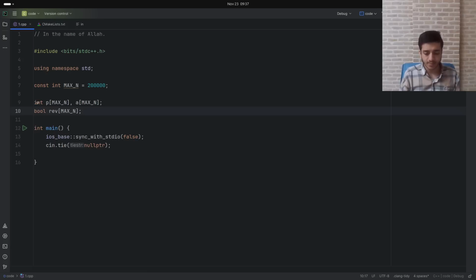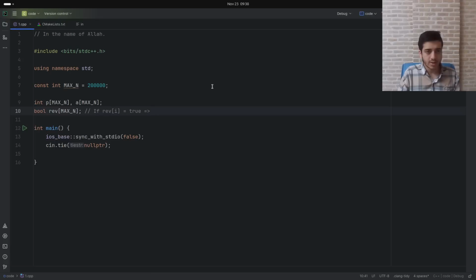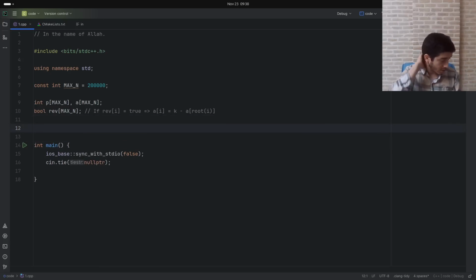That means that if reverse of i is true, then we know that A_i has a somehow reversed relation with the A of the root.